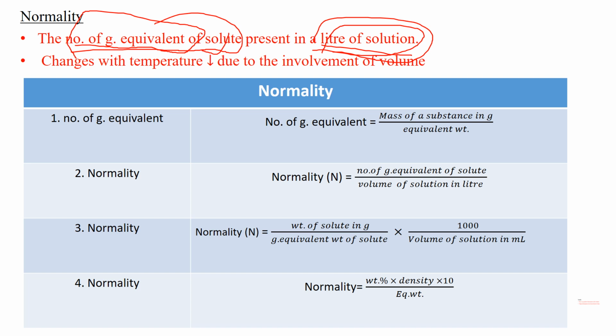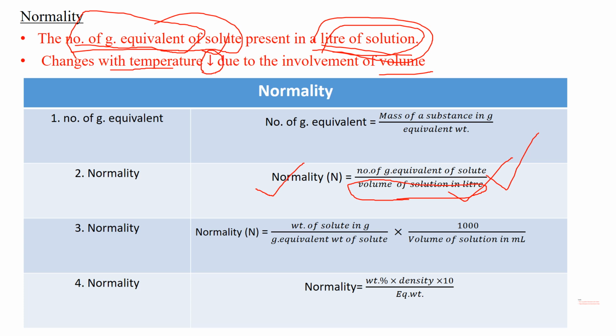And normality includes the volume. Here is the general formula for the calculation of normality, with volume of solution in liters. Due to the involvement of volume in the calculation of normality, the normality changes with temperature. In general, normality decreases with increase in temperature, right?